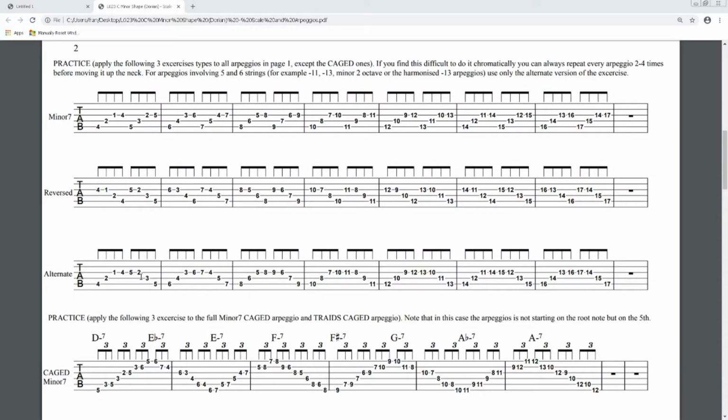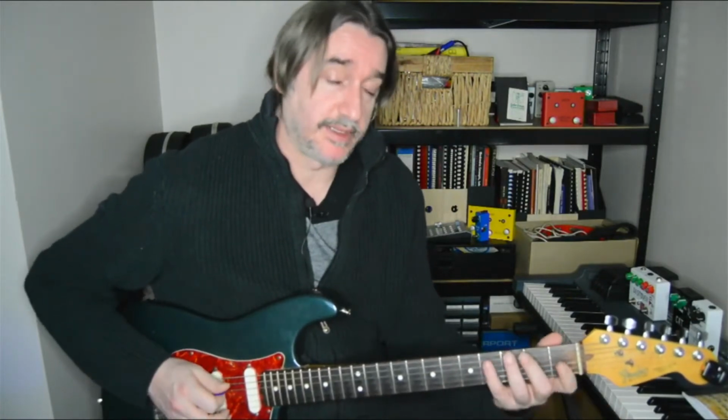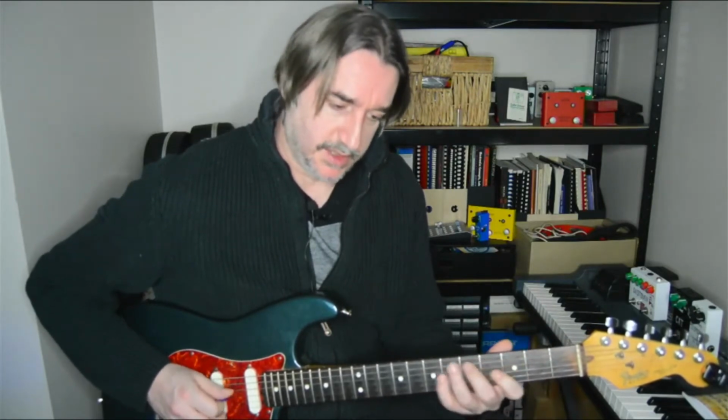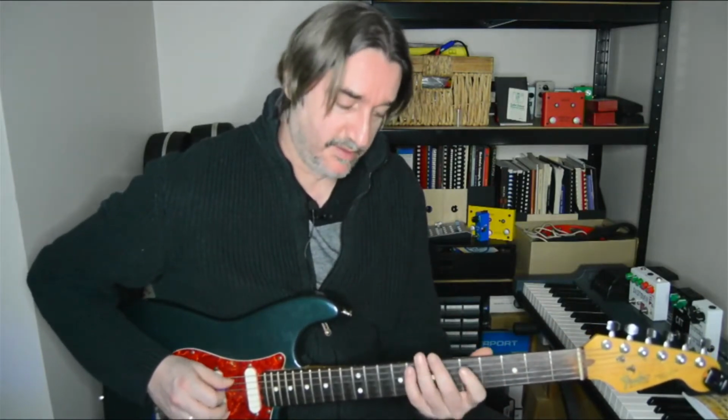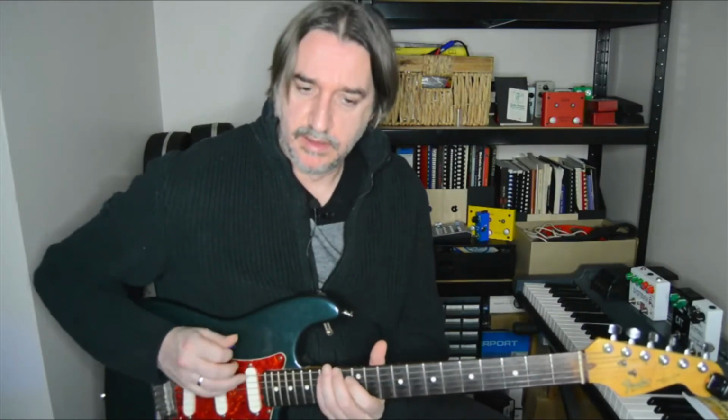The third version is what I call the alternate version, which is this one, where you're alternating a descending and an ascending arpeggio. In other words, say if you... That's basically what you're doing. I tend to do it chromatically, that's the way it's written on the PDF. So that's E, F, F sharp, G, A flat, A, B flat, B. Of course, once again, if you find it difficult to do it chromatically straight away, you can always repeat the same pattern in a particular key before you move.